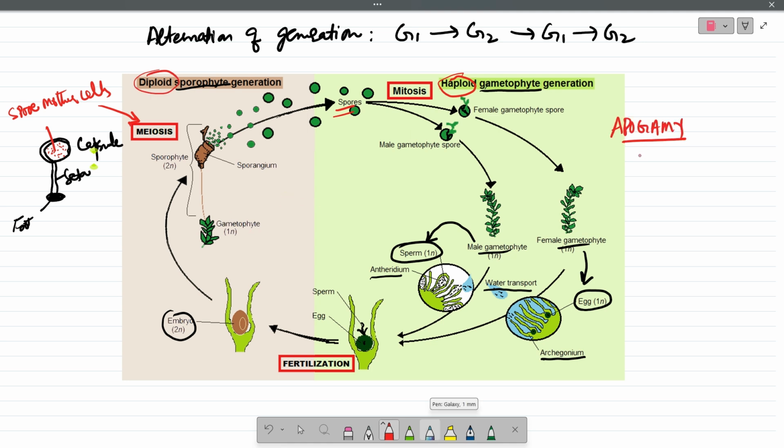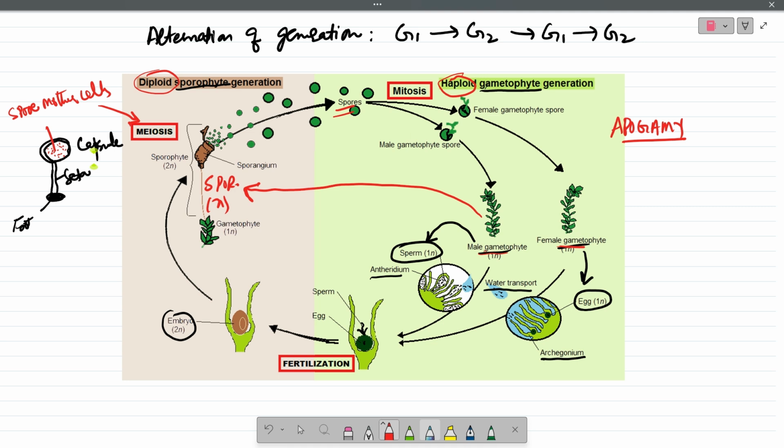What about apogamy now? In case of apogamy, as I said, this is away from gamete formation or gamete union. So you have a male gametophyte or a female gametophyte, and it directly gives rise to a sporophyte. And that sporophyte will be haploid. You have a sporophyte, but haploid because it directly grows from the gametophyte.